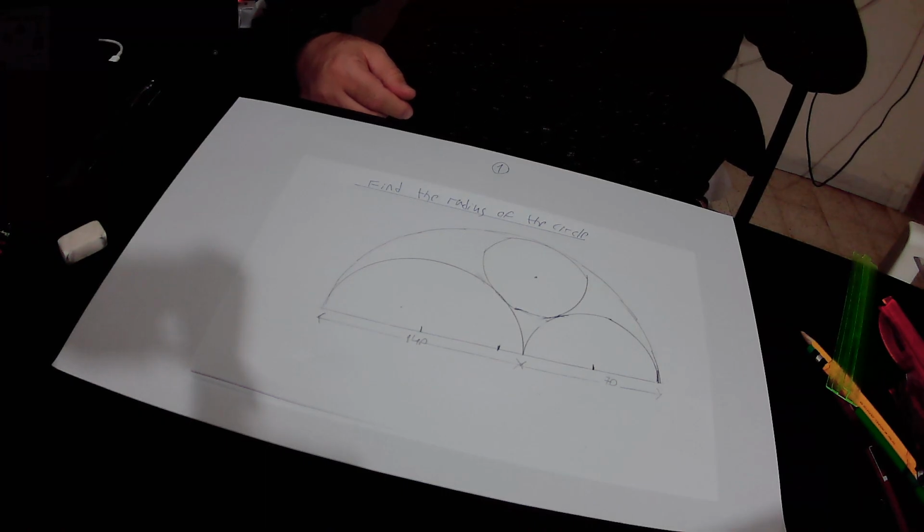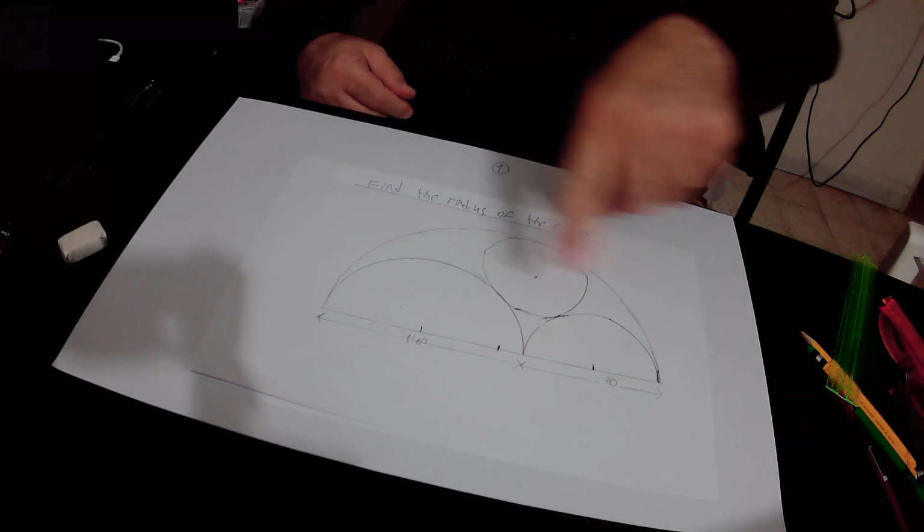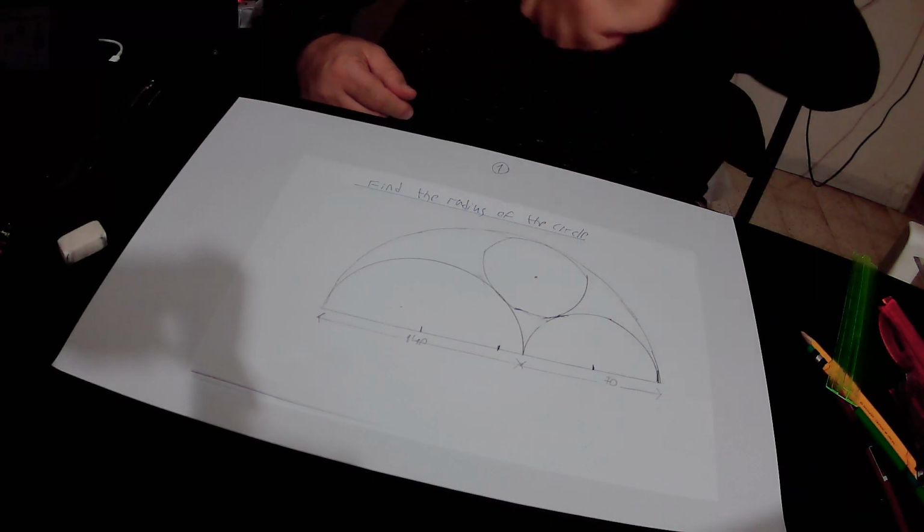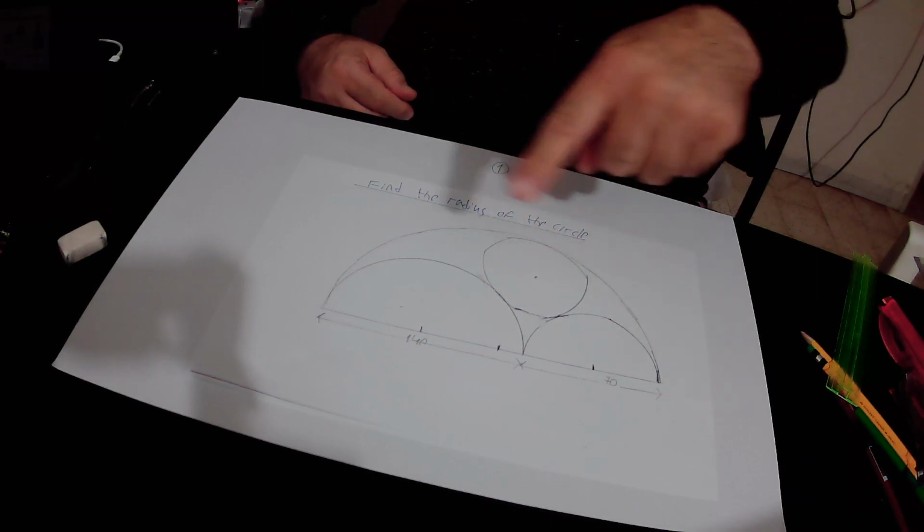Okay, so first of all we will define the points of those circles and semicircles.